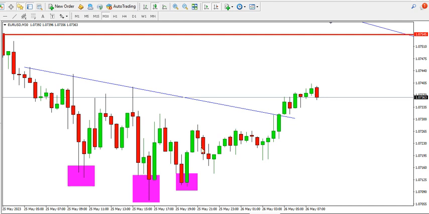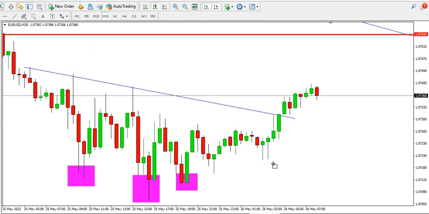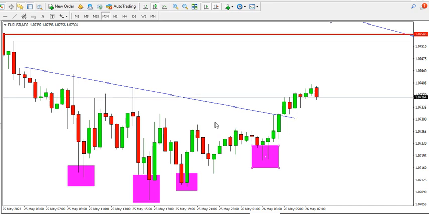On the 30 minutes time frame, we can see that the bullish candles continue to form shadows, bullish pin bars, indicating that price might likely continue to go up.